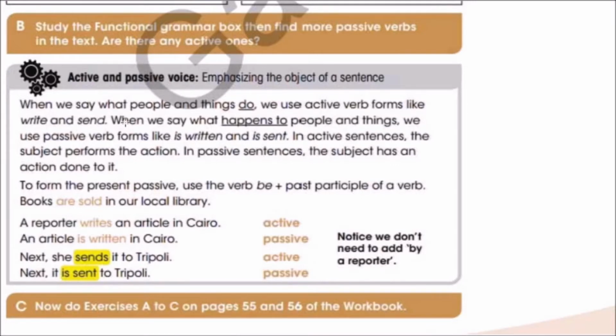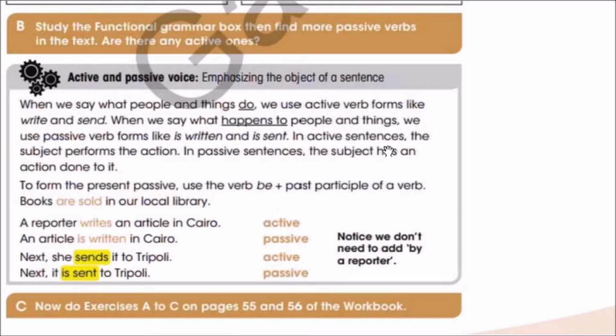When we say what people and things do, we use active verb forms like write and send. When we say what happens to people and things, we use passive verb forms like is written and is sent.